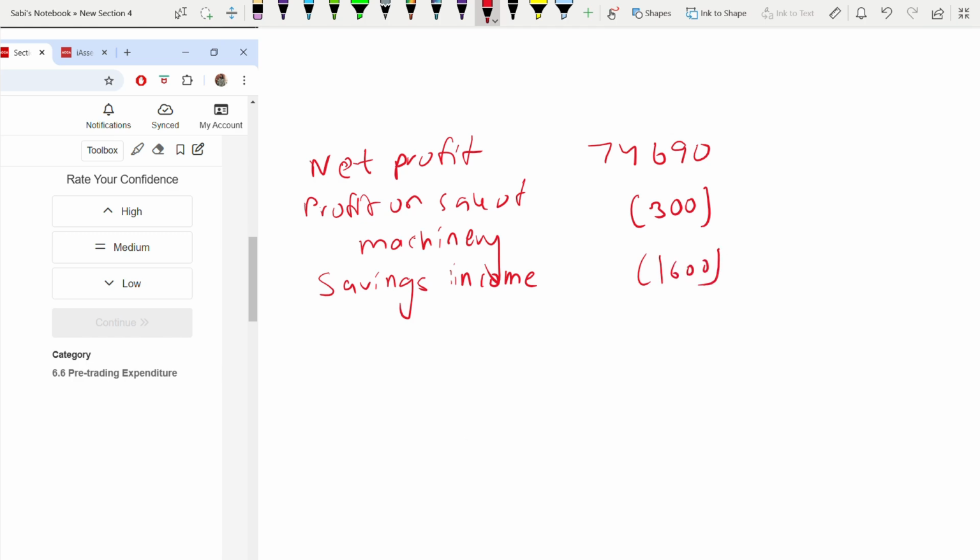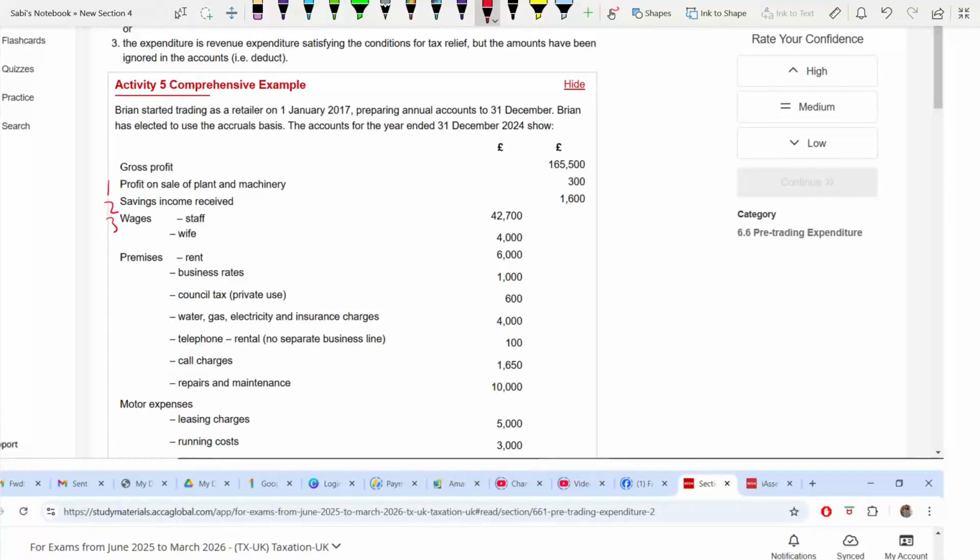Next, your wages. One is to the staff and the other one is to the wife. Okay, so staff and wife both is the same amount, 42,700 they have given. They did not give you the breakdown.